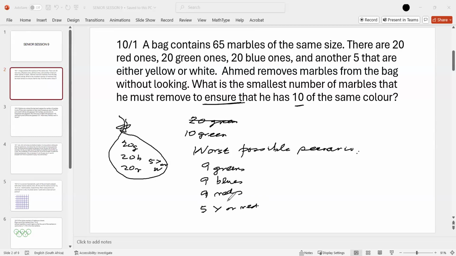But now this is the end of the line. Because the next one he withdraws will certainly ensure that he has 10 of the same color. Right? Can you see it? So the worst possible case is where he withdraws 32 and then none work.